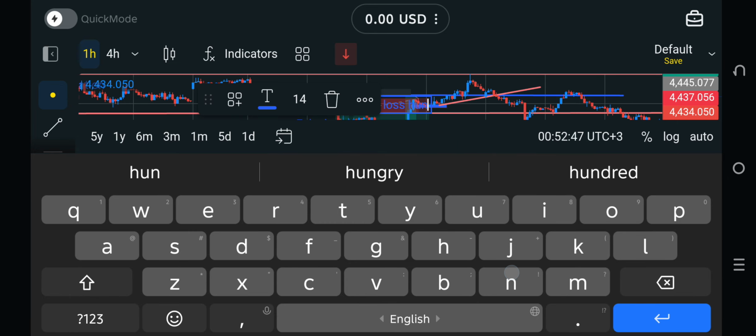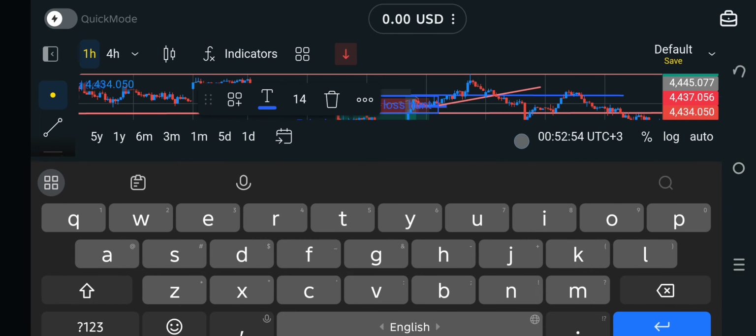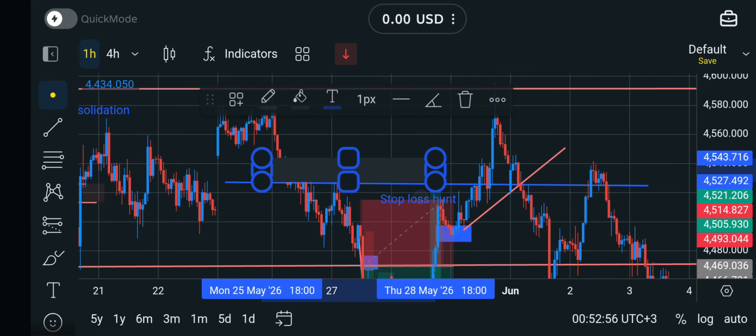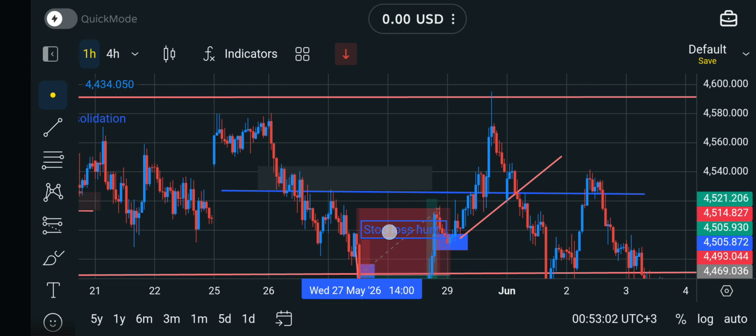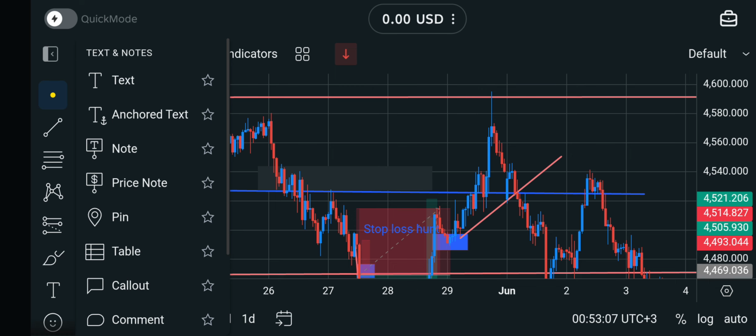Stop loss hunts. Since you're not alone in the market, institutions will look for your stop loss and hunt it down. That's called a stop loss hunt, or generally we usually call it a liquidity hunt.